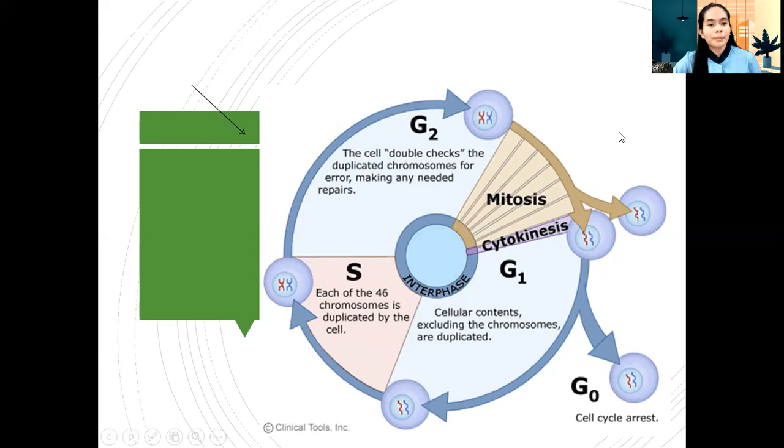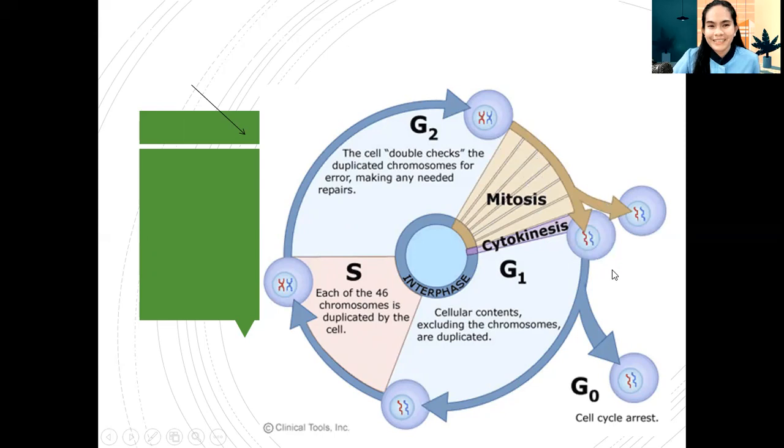And then after gap 2, we have mitosis. Mitosis is a cell division on your somatic cells. And then when we say meiosis, that's your cell division on your sex cells. So don't forget that mitosis is the cell division on somatic cells, and meiosis is the cell division on sex cells.